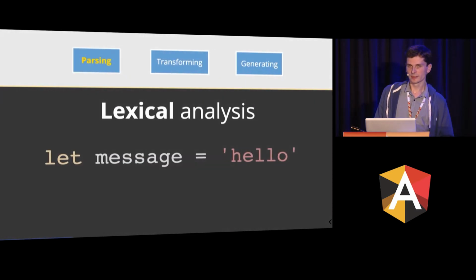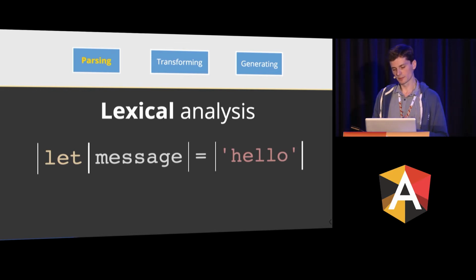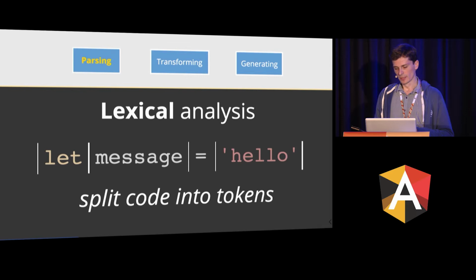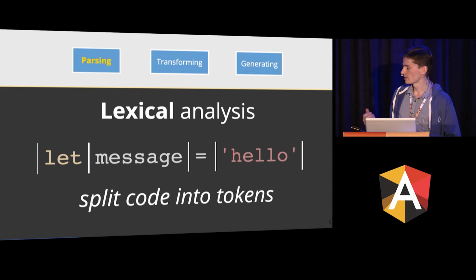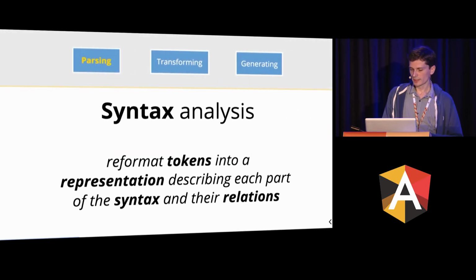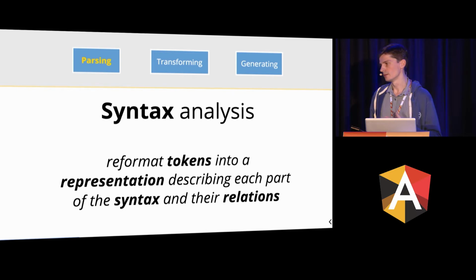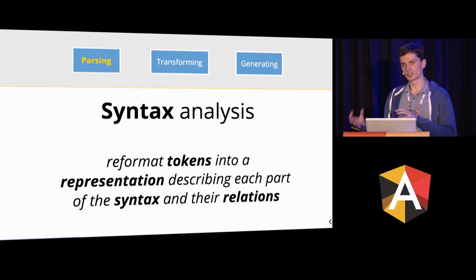The lexical analysis will parse your code and split the statements into tokens to create a very big stream of tokens and prepare things for the next part. Syntax analysis will take this stream of tokens and start building a representation of each part of the token we have, the syntax and the relationships with each other.